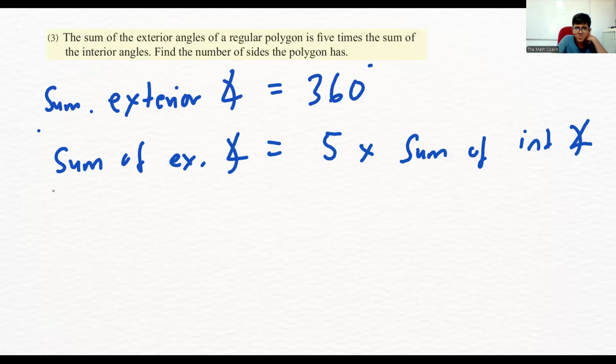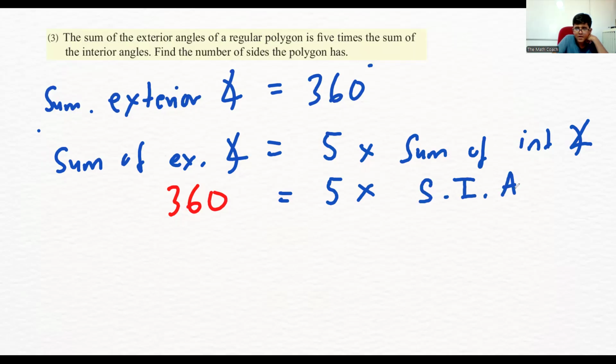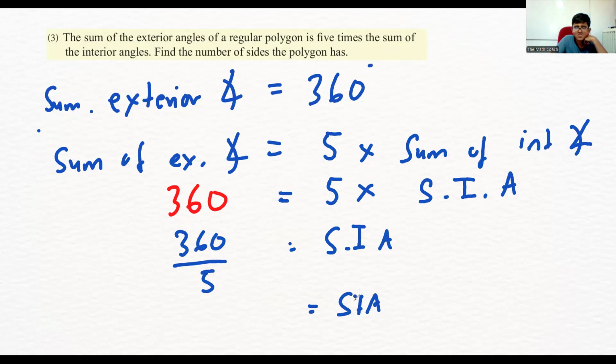So what is the sum of the exterior angles? We know it is 360. It never changes. For all polygons it is the same. It equals 5 times the sum of interior angles. So the sum of interior angles equals 360 divided by 5, which is 72 degrees, I guess.